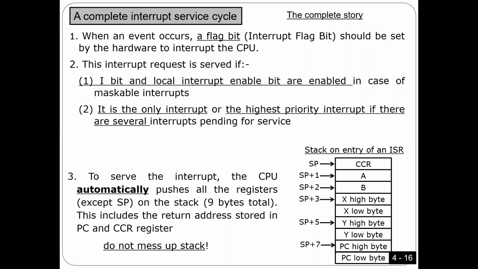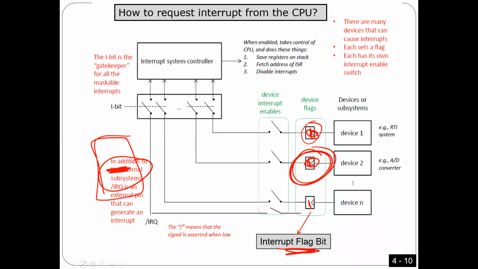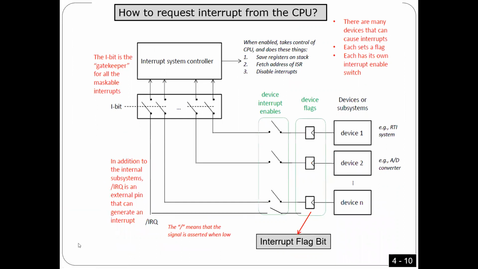So I'm gonna explain this cycle. Number one, this cycle should start when the interrupt flag bit is set. That's what I told you. If you go back here, the beginning of the interrupt cycle comes from here, when this device sets the interrupt flag bit.